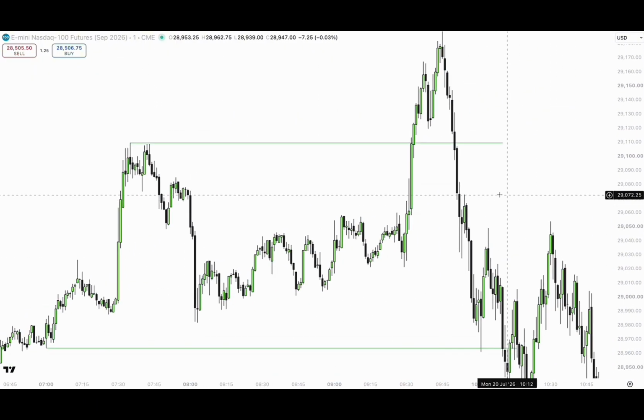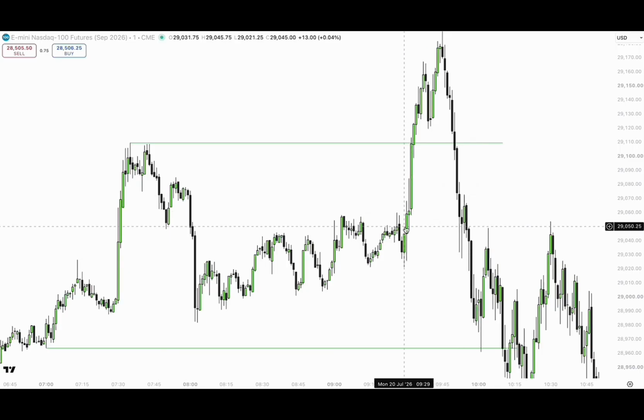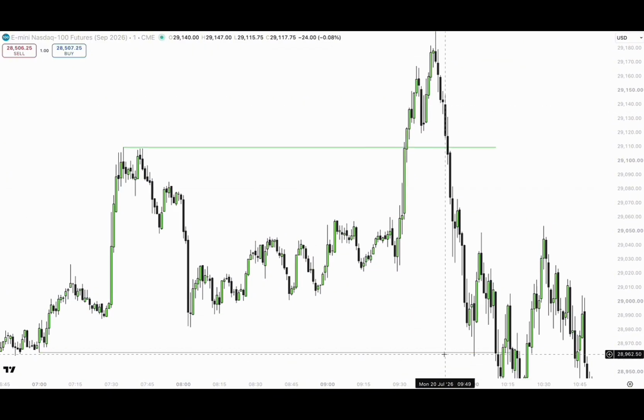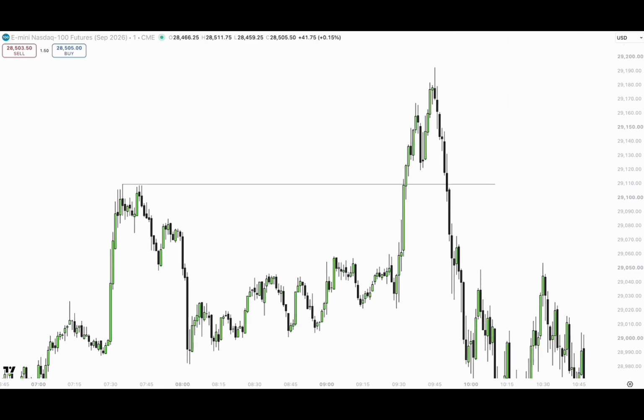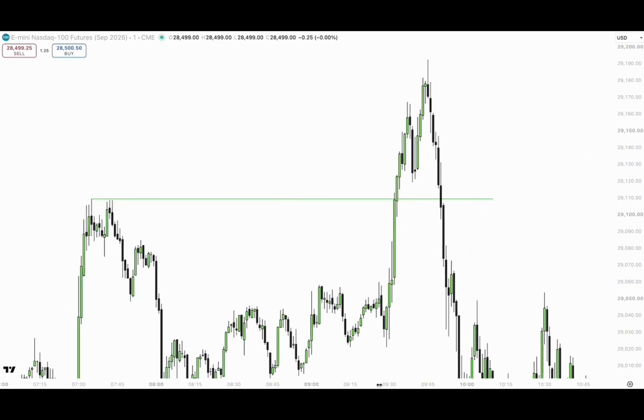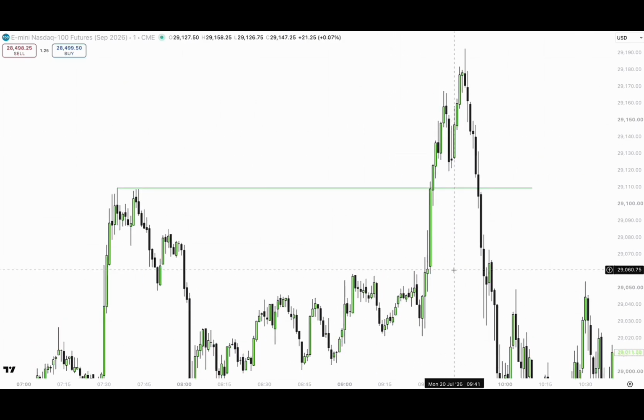The first thing we did when we opened up at 9:30 is we spooled immediately to the upside. As soon as we get above the high of the pre-market session, that is a good reference point for us to look for shorts.